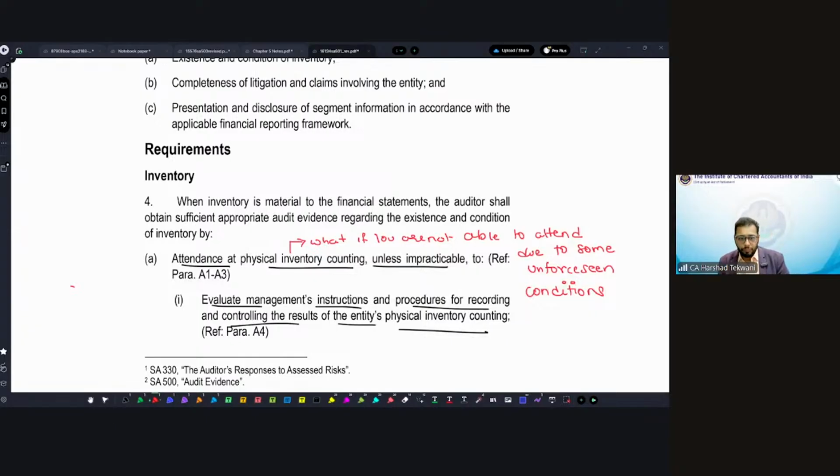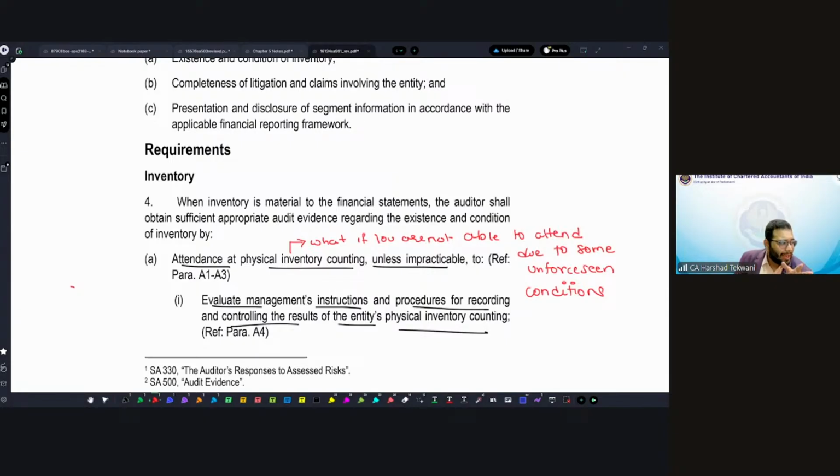If that also fails, then sufficient and appropriate audit evidence is not obtained. We are not sure about the possible effect, so there is a limitation. Then we have to think about the materiality effect, whether it is pervasive or a single item. Based on that, we will give the report.